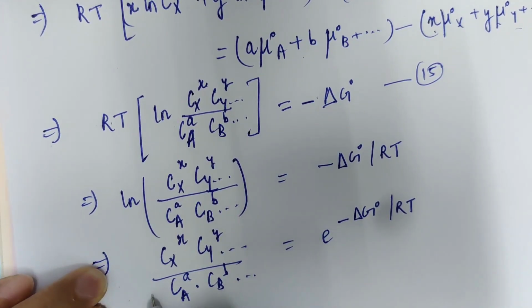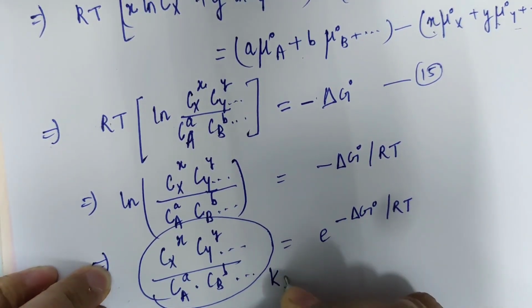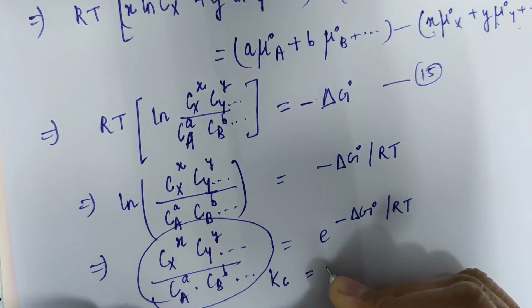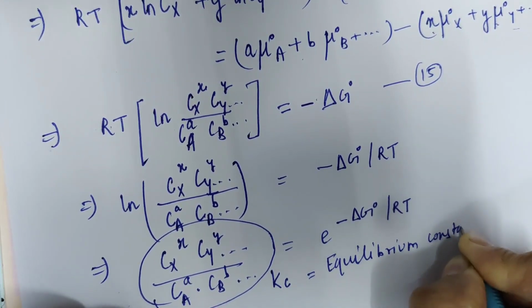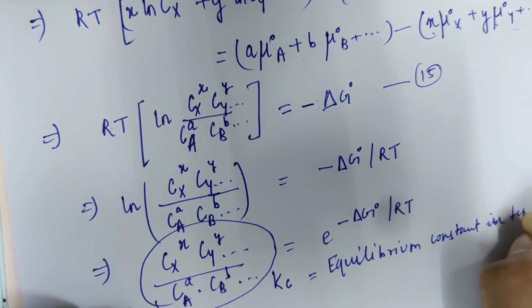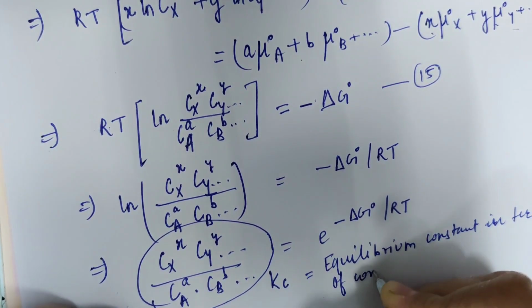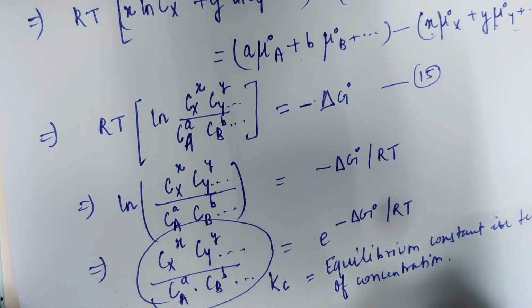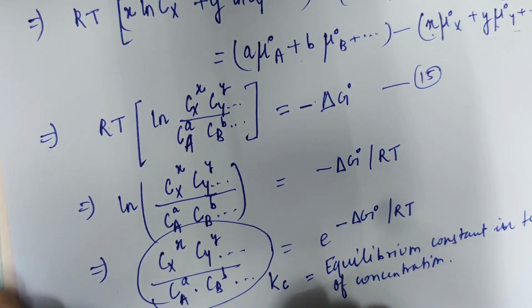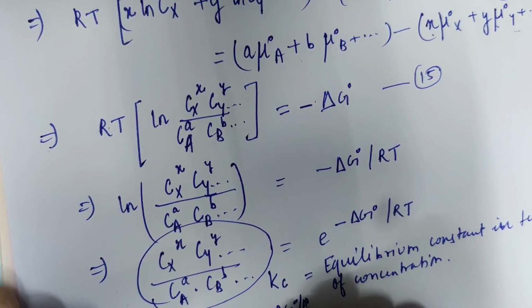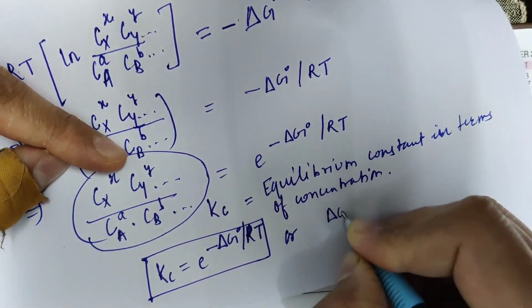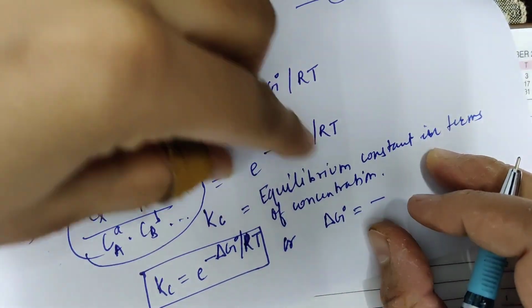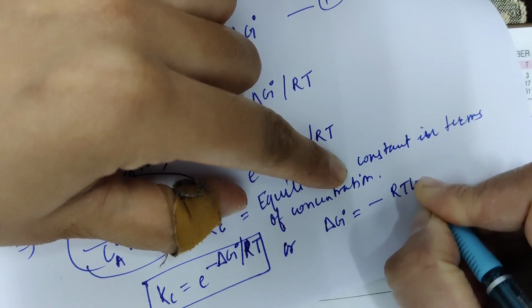Now all of you know this is nothing but your Kc, that is the equilibrium constant in terms of concentration. So we can say Kc is equal to e raised to power minus delta G naught divided by RT, or you can also write this equation as delta G naught is equal to minus RT ln Kc.